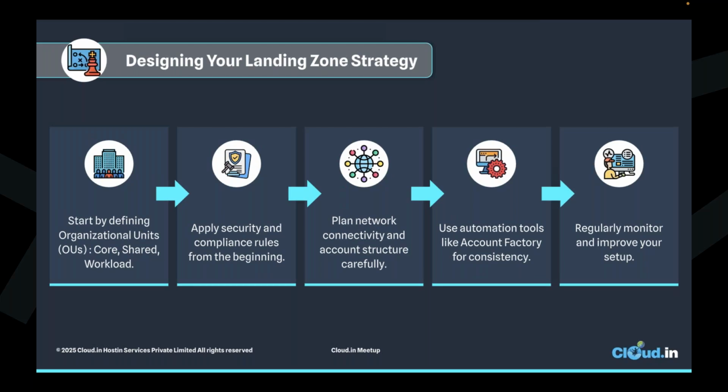These OUs help separate accounts based on their purpose. For example, core may include security or logging accounts and shared tools used across teams, and workloads can contain application or project-specific accounts.